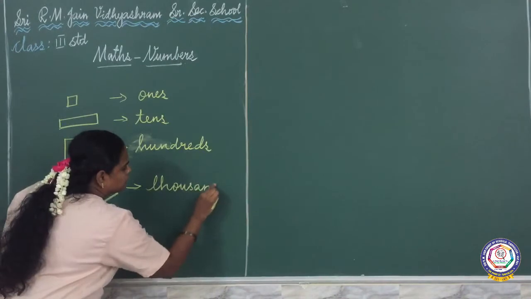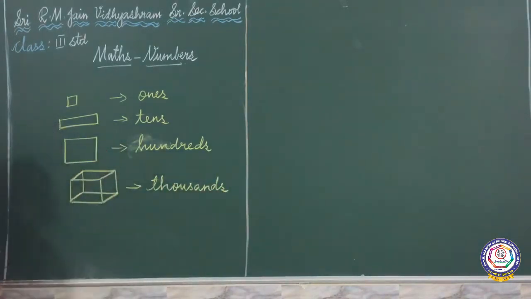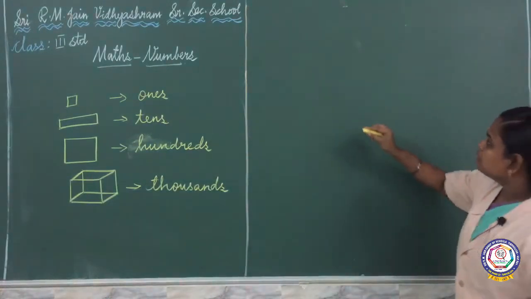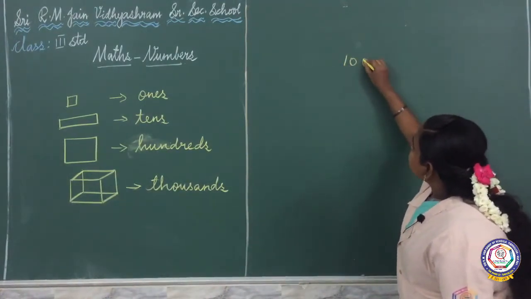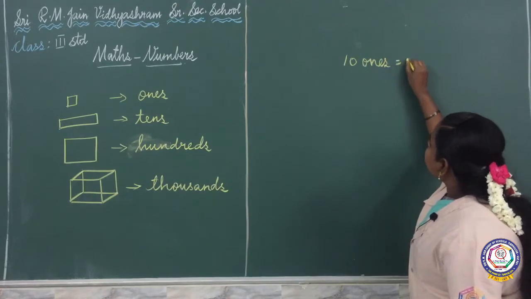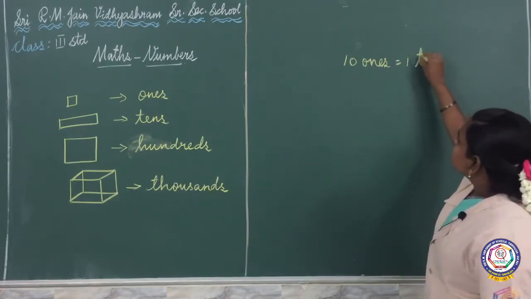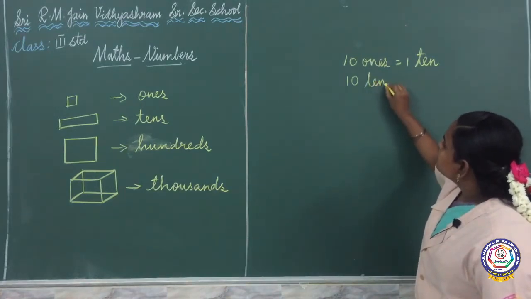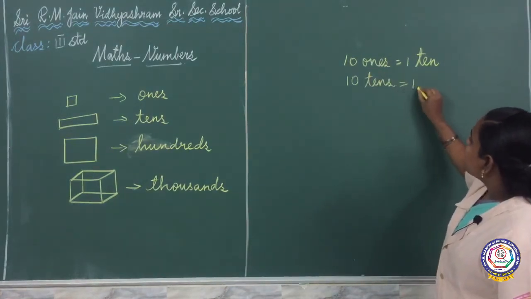So in previous class I told you 10 ones equal to 10, then 10 tens equal to 100.